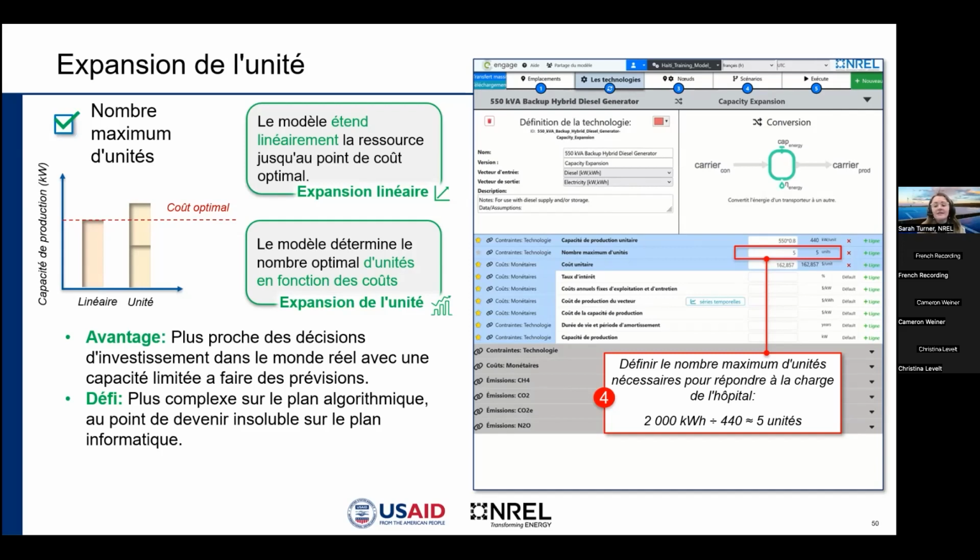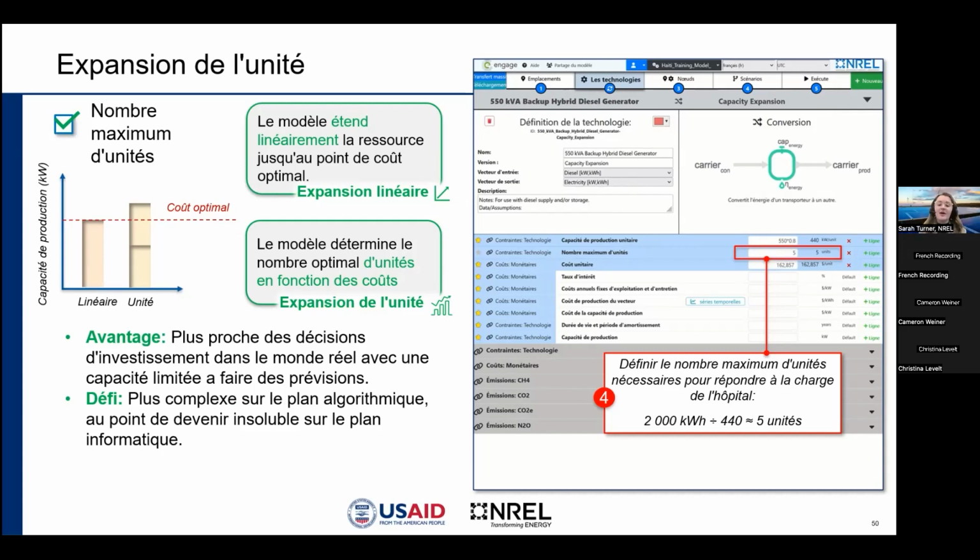Consequently, unit-based capacity expansion models can quickly become algorithmically complex if more units are added to your model to process, which can create longer run times to the point that your model may become computationally unsolvable.